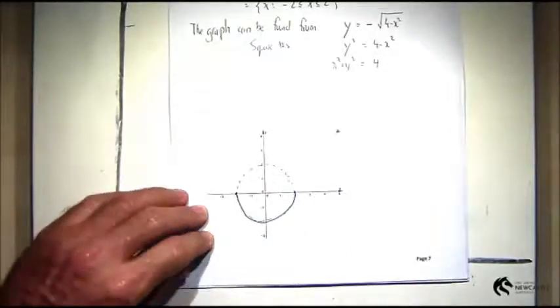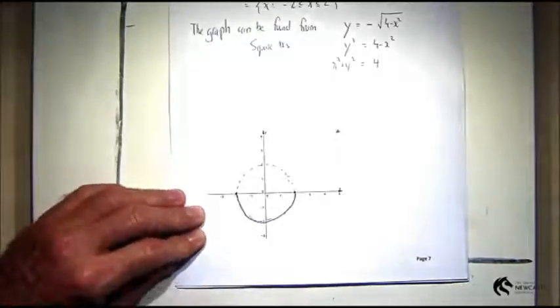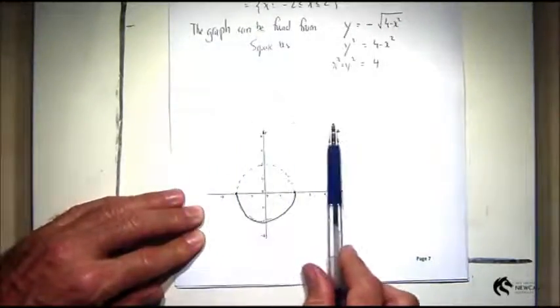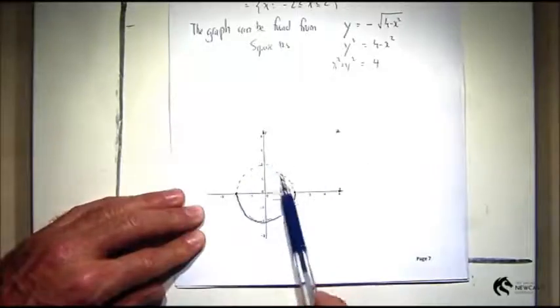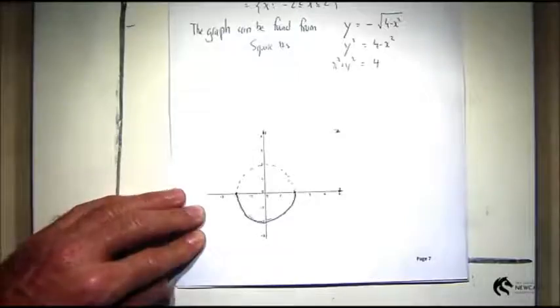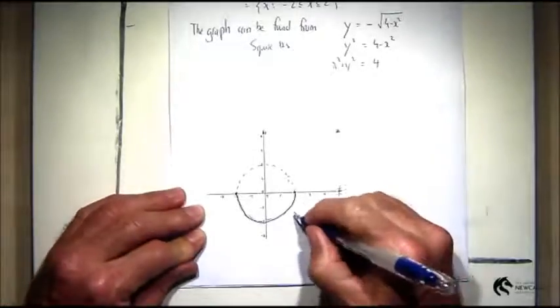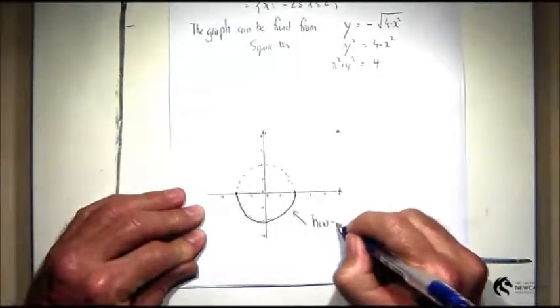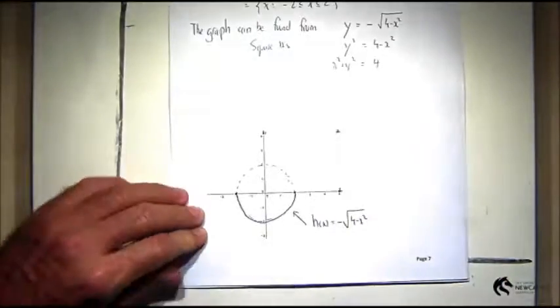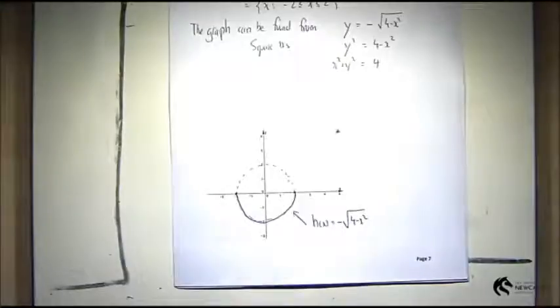And as a result, given that my graph is just the filled in one, that actually passes the vertical line test. Because the dotted part up the top I haven't used. Right? That's not in the graph. So this thing here is the graph of h(x) is equal to minus the square root of 4 minus x squared. Just the bottom half of the circle.